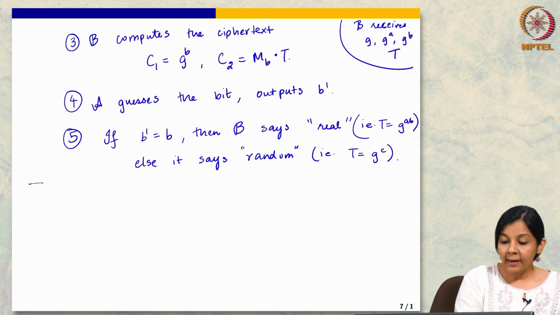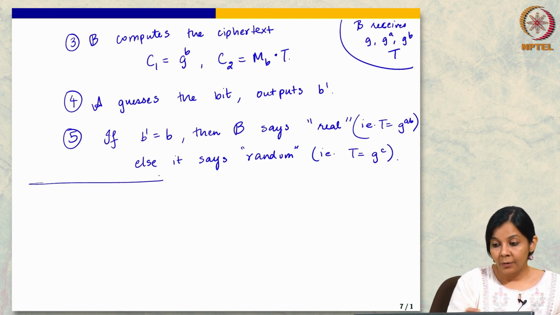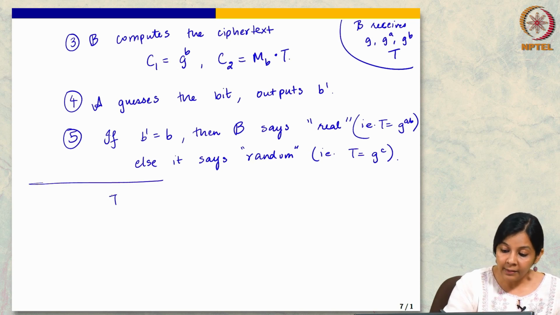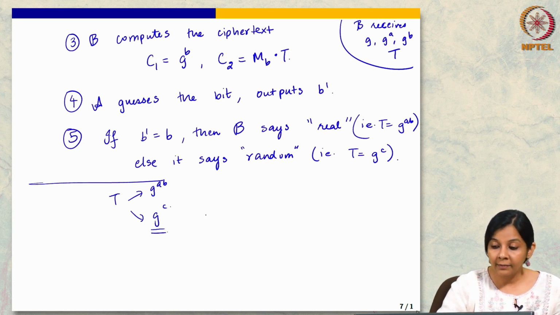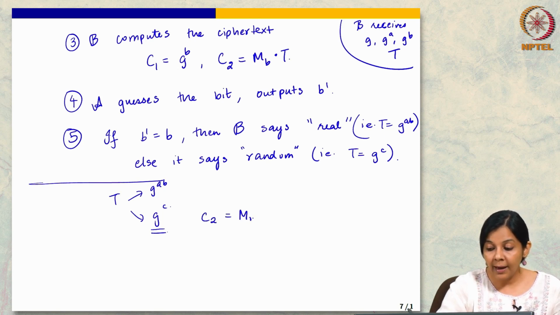So, let us analyze this. Okay. So, now this T is either equal to G to the AB or it is equal to G to the C. Now, first consider the situation where it is equal to G to the C. In this case, my C2 is M_b times random, right.